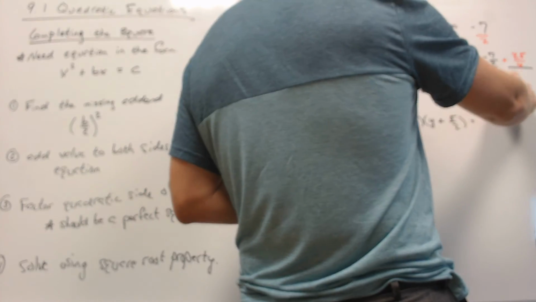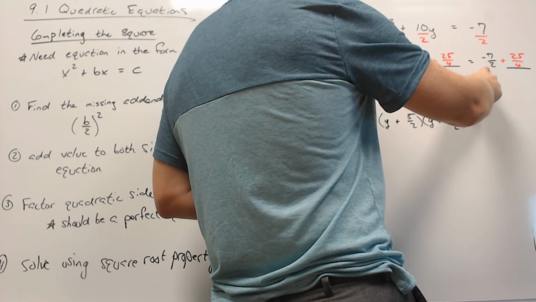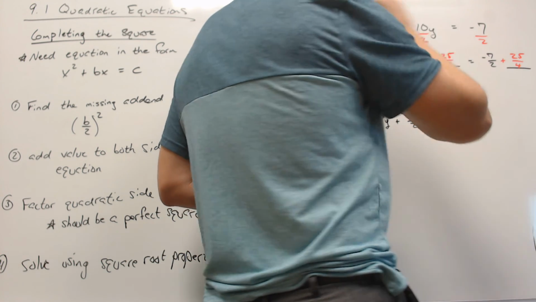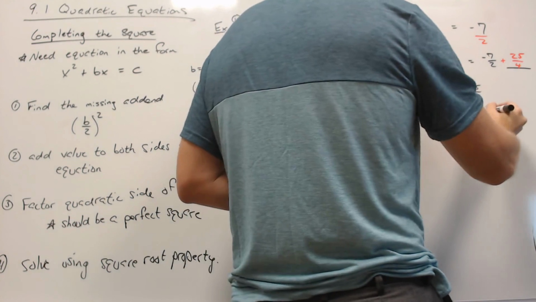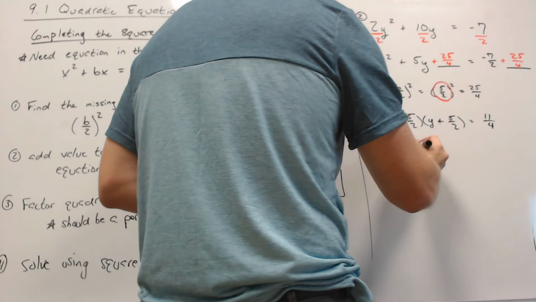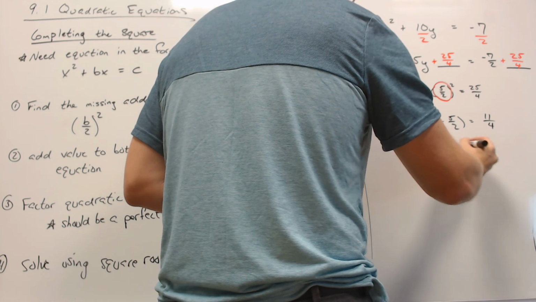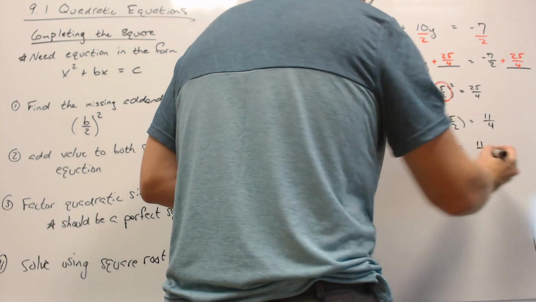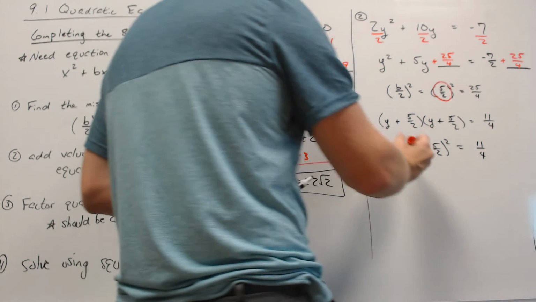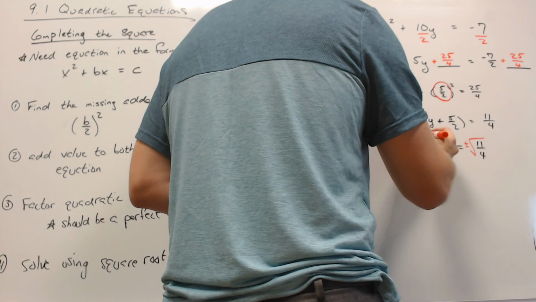And then on the right side we can add these two up. So we need a common denominator. That'd be negative 14 over 4. Negative 14 plus 25 should be 11 over 4. So we have y plus 5 over 2 squared equals 11 over 4. We can use the square root property with a plus and minus.